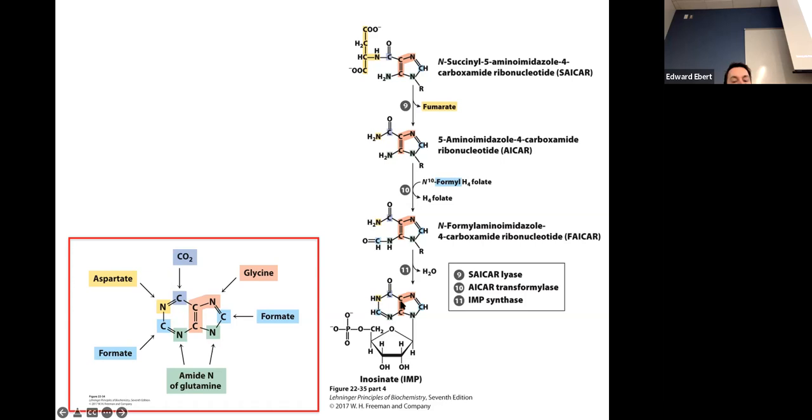Okay, so here's our purine attached to our ribose that is monophosphorylated. So inosine monophosphate. Okay, 11 steps just to get to here. Now, this still isn't adenine or guanine, so we got to make a few changes to do that.